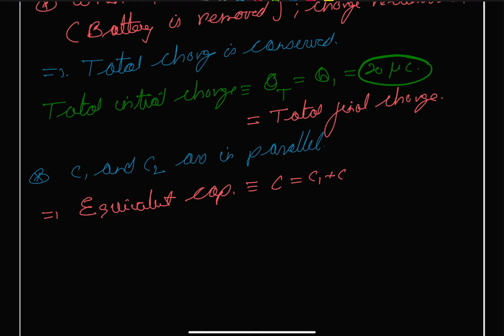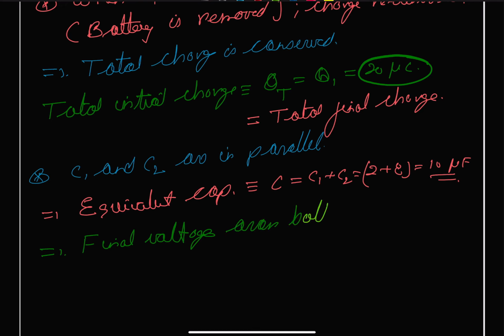Values are given to us, 2 plus 8, giving us 10 microfarad. And they should be at the same potential, both the capacitors. So you can say final voltage across both capacitors should be same.